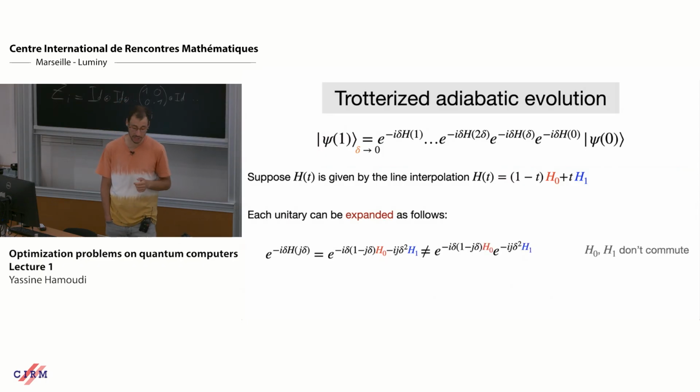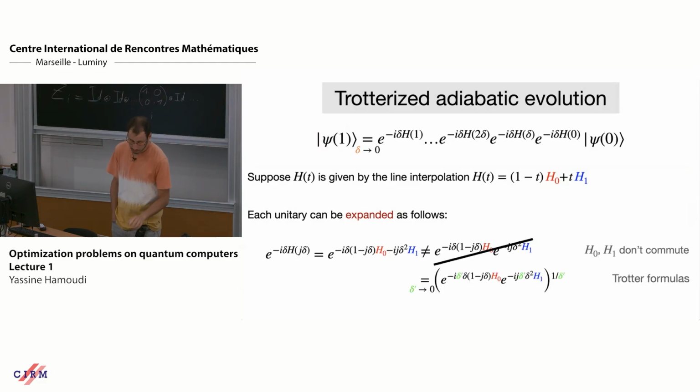So maybe you may suggest to do the following thing, which you would do if it was defined over the reals, which is just split it into two exponentials. This is not possible. If you have non-commuting matrices, this is not correct in general. What is correct is the following thing. This is called the Trotter approximation formula.